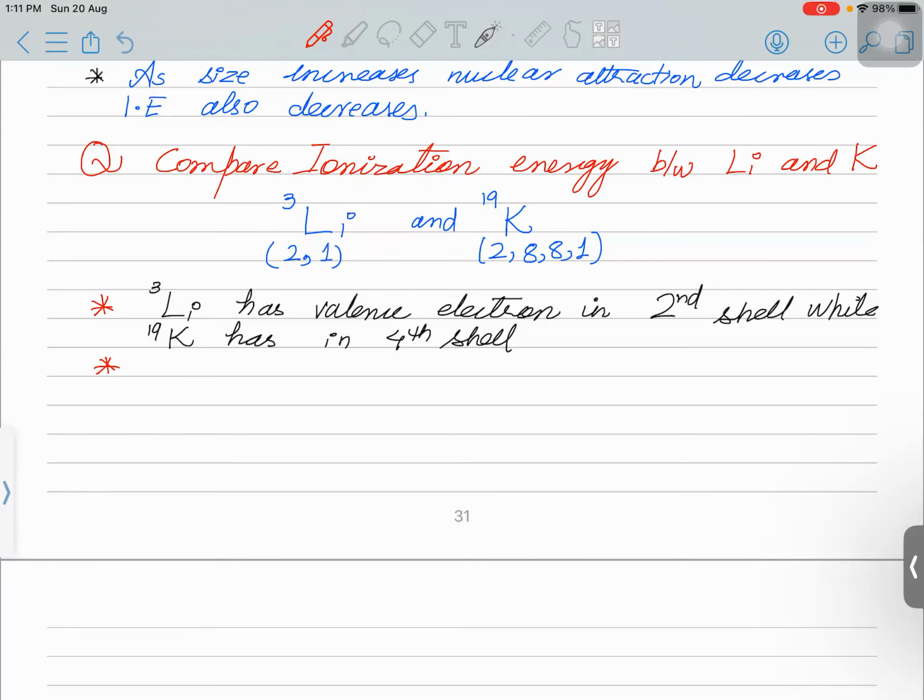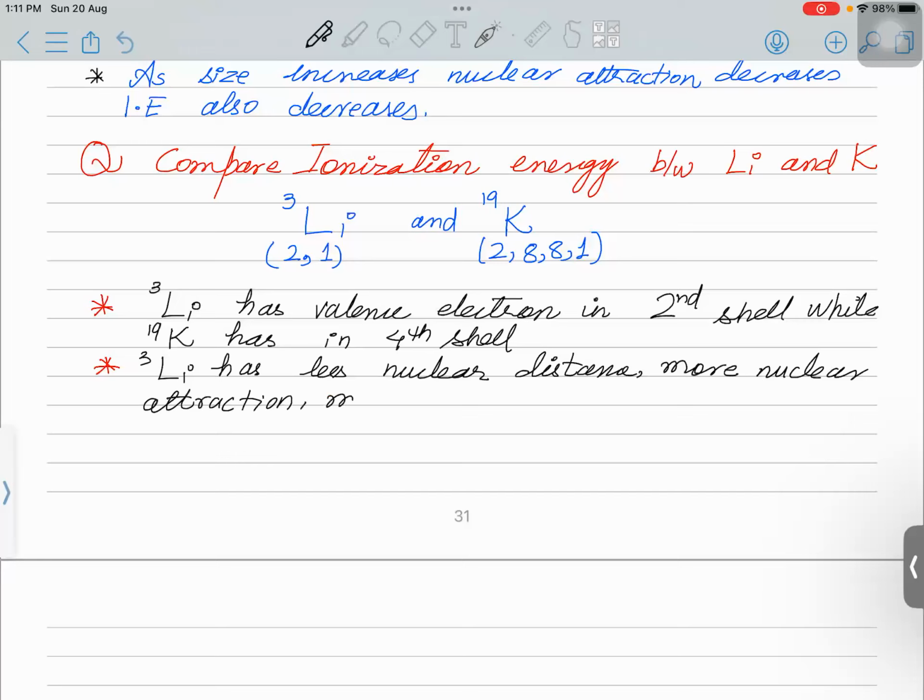Potassium. So lithium has less nuclear distance, more nuclear attraction, more ionization energy than potassium.